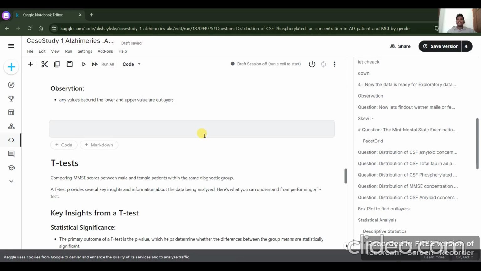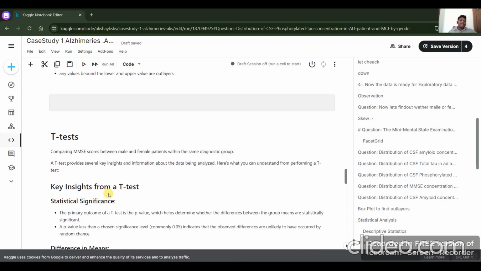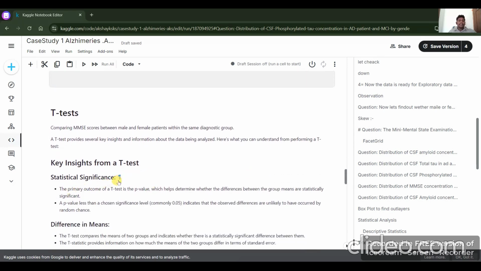And next we have discussed the t-test. It compares MMSE scores between male and female patients within the same diagnosis group. A t-test provides several key insights and information about the data being analyzed. First, what you can understand from performing a t-test. Key insights from a t-test. Statistical significance: the primary outcome of the t-test is the p-value, which helps determine whether the difference between the group means is statistically significant.